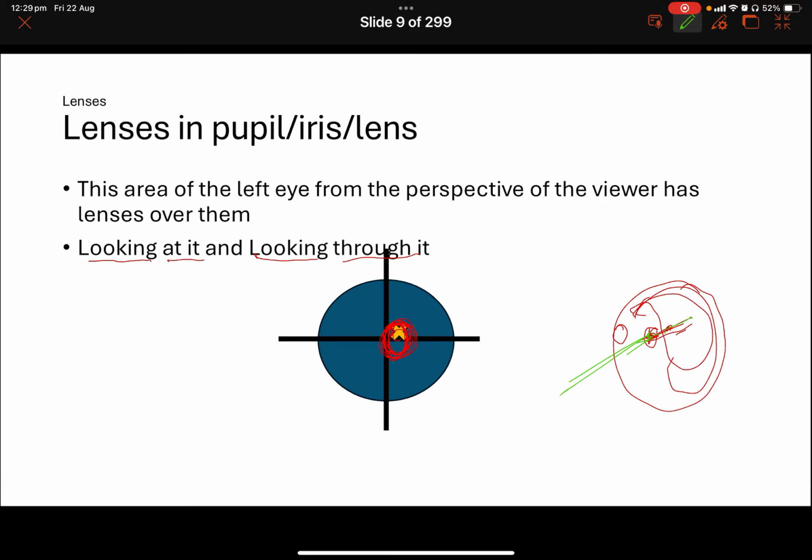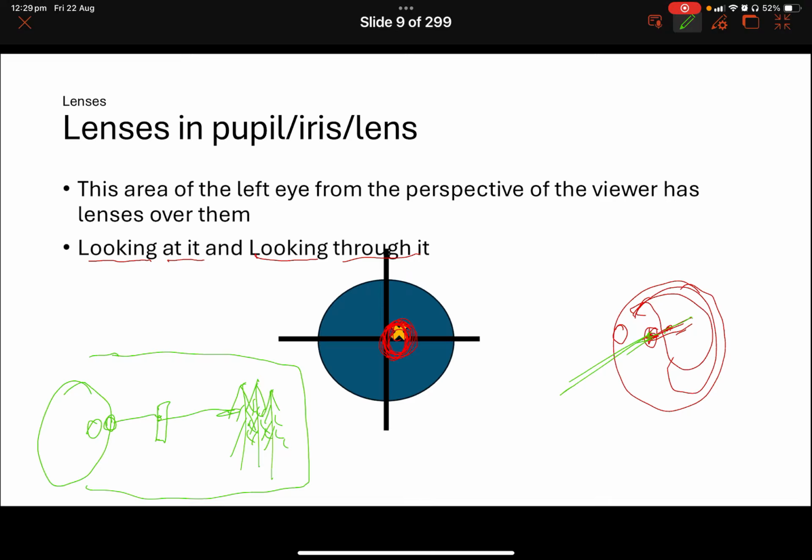Another way to describe it is that there's the person with a screen, and then also looking at reality, trees. So I'm seeing the screen and the trees, and I'm receiving this, and this here is saying there's somebody in the trees.